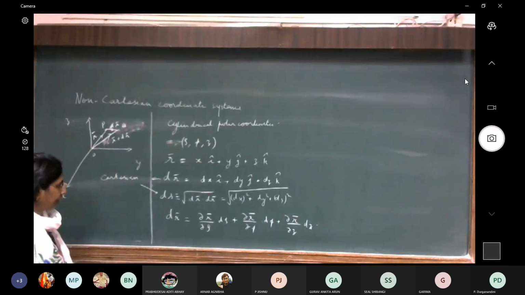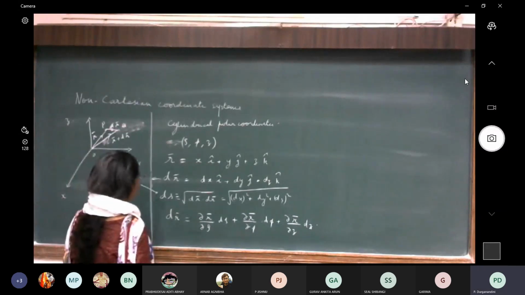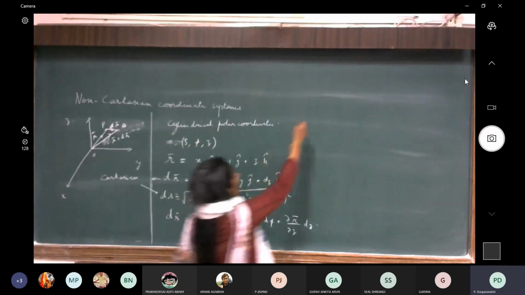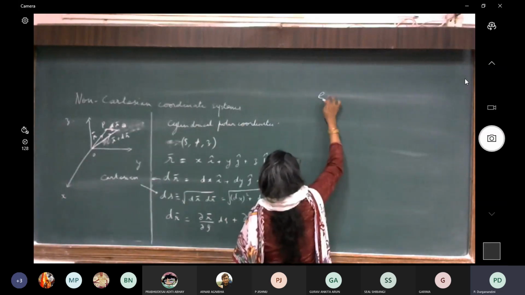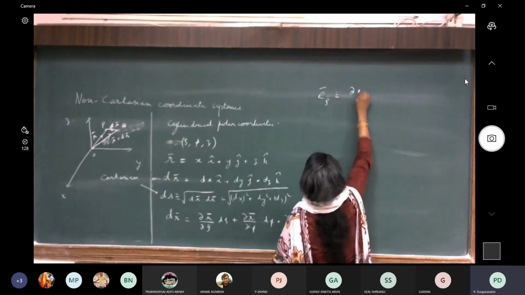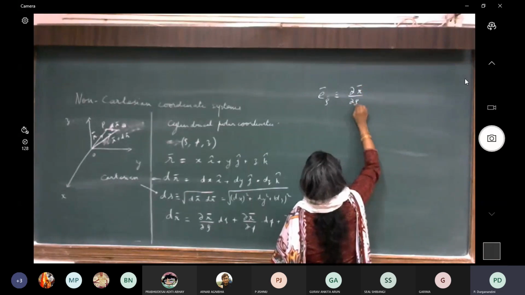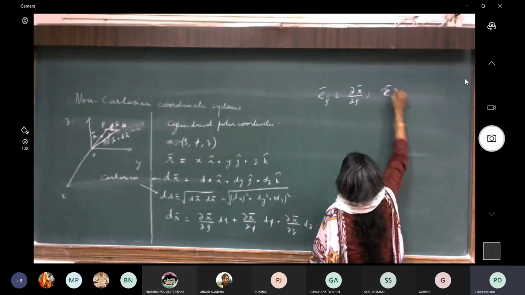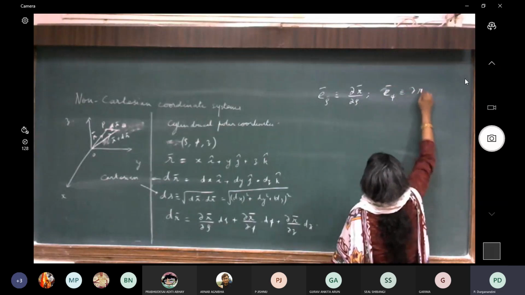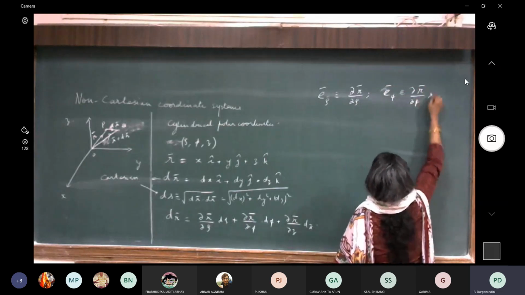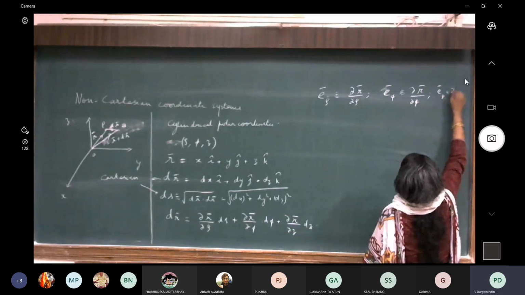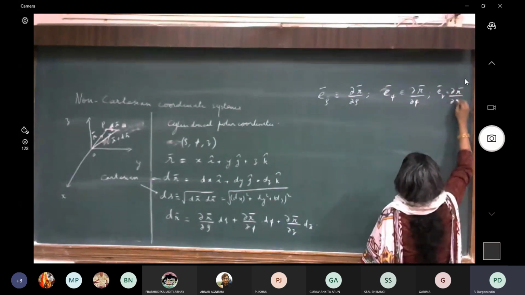Yesterday I defined what these quantities are. We defined E rho as equal to del r by del rho, E phi as equal to del r by del phi, and Ez as del r by del z.